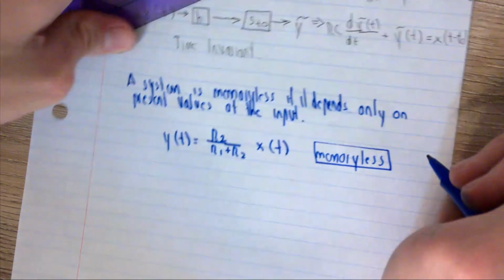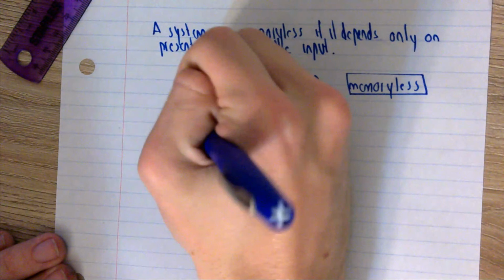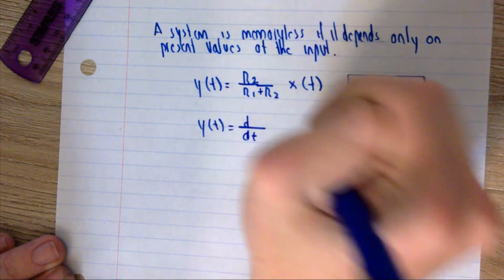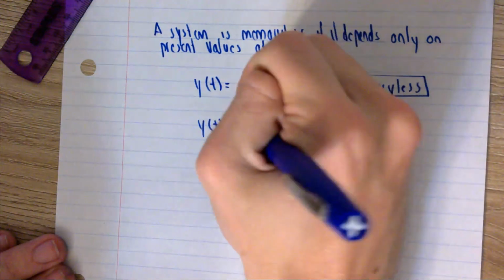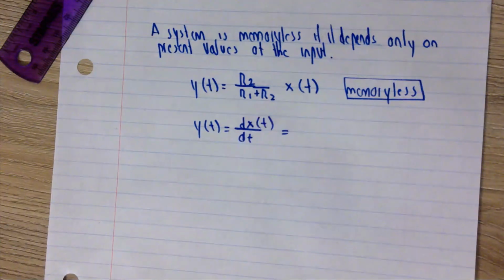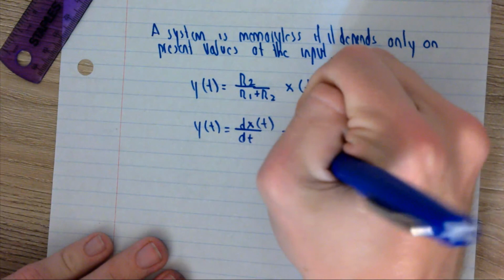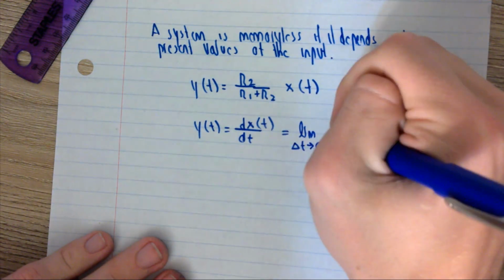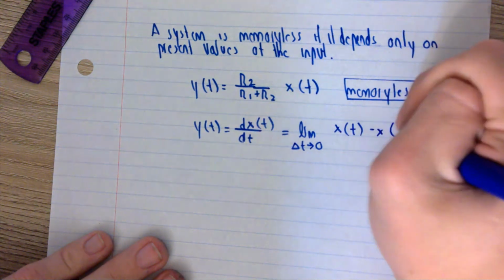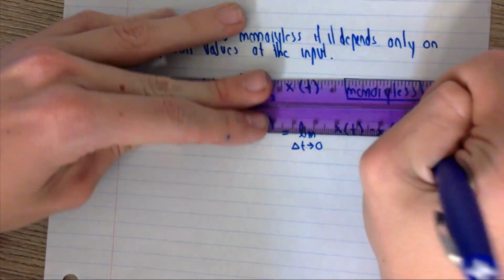The other one would be y of t is equal to the derivative of x of t, which is equal to, if you remember, the derivative equation, basically the limit as t goes to 0, because it takes a very little point between the two, and it's the present value minus the past value, and then all over dt.